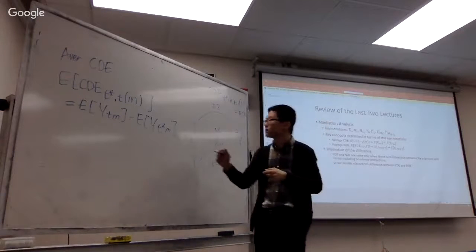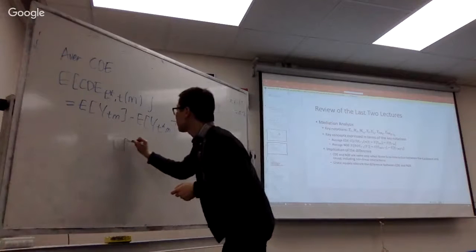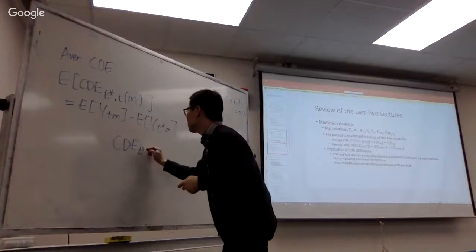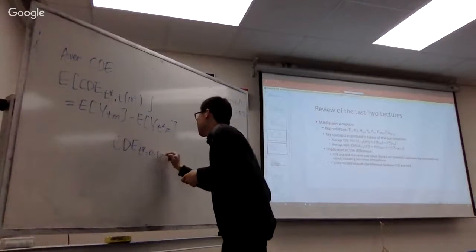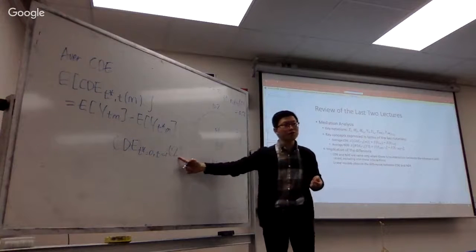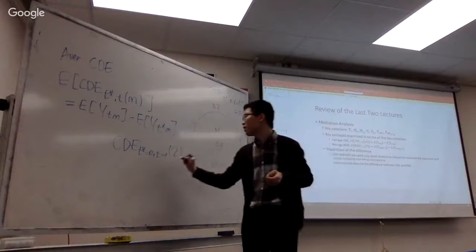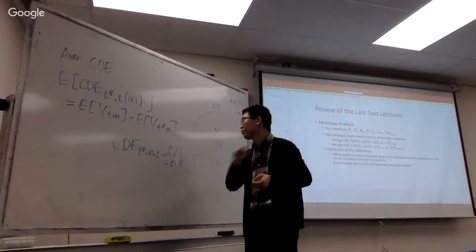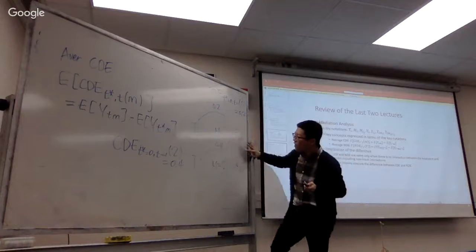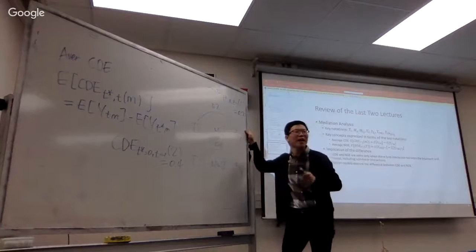But when you are saying that CDE, you are switching the treatment from 0 to 1 and m is 2, then you are at 0.4. When could that be happening?